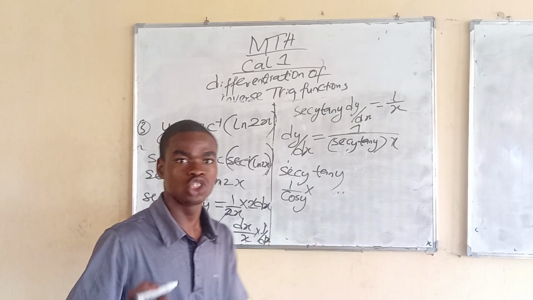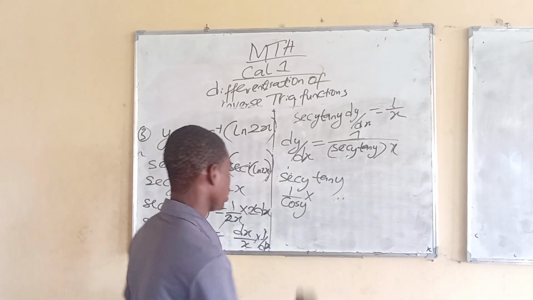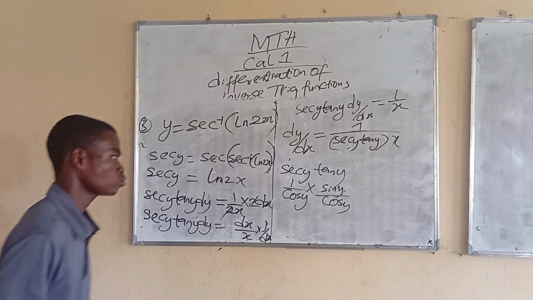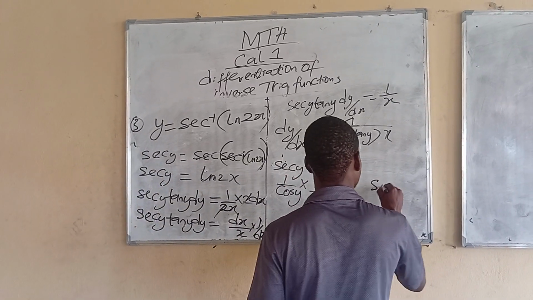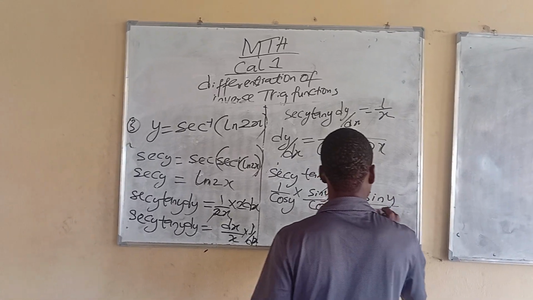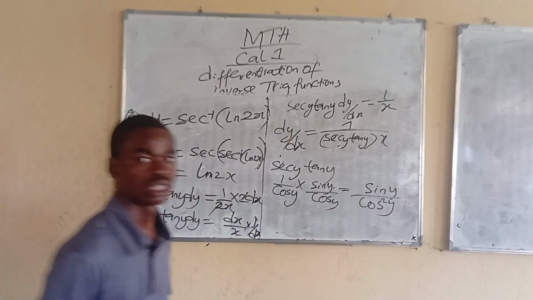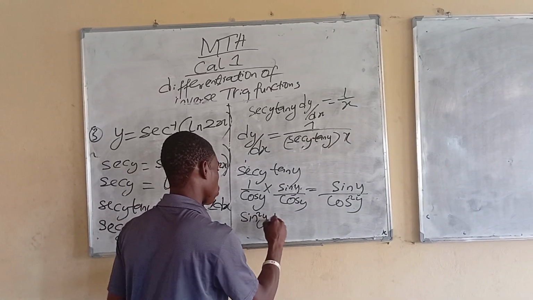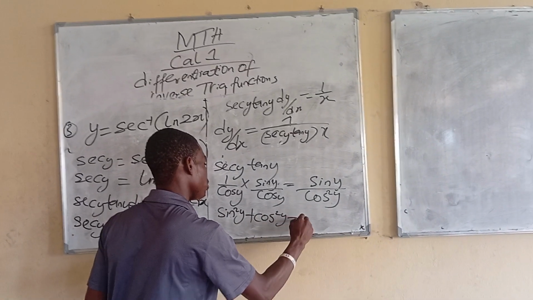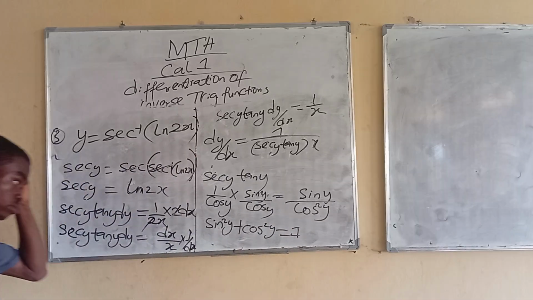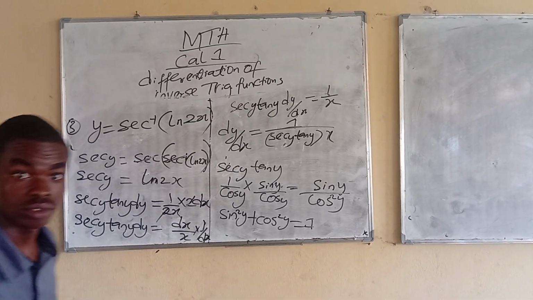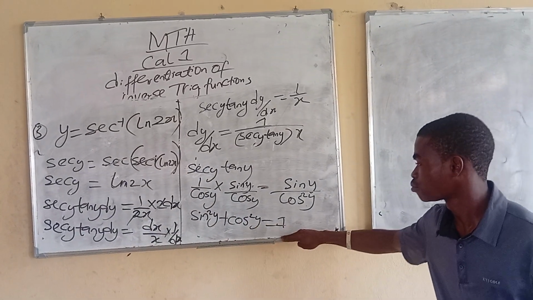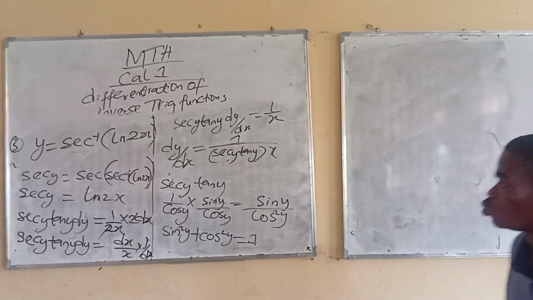Then times tan y is just sine y over cos y. So this will be sine y divided by cos squared y, right? Now don't forget that sine squared y plus cos squared y equals to 1, right? So this is just equals to 1.